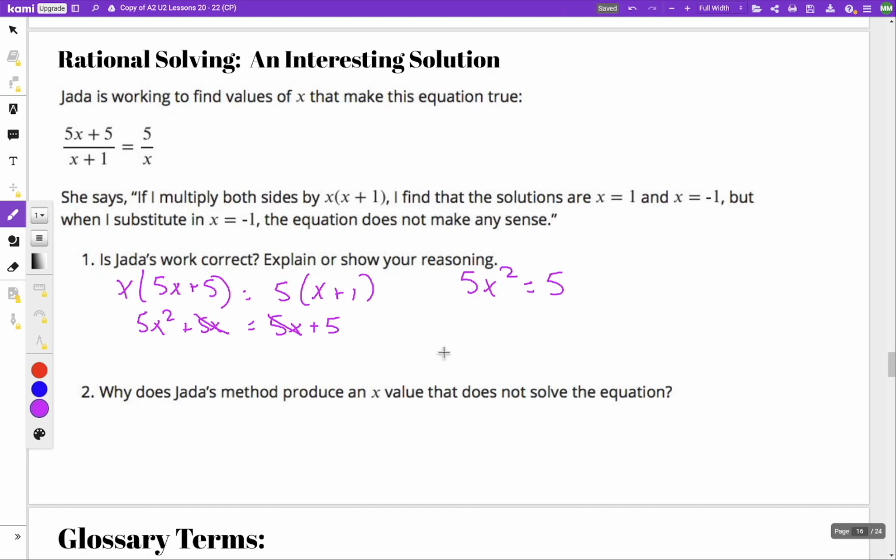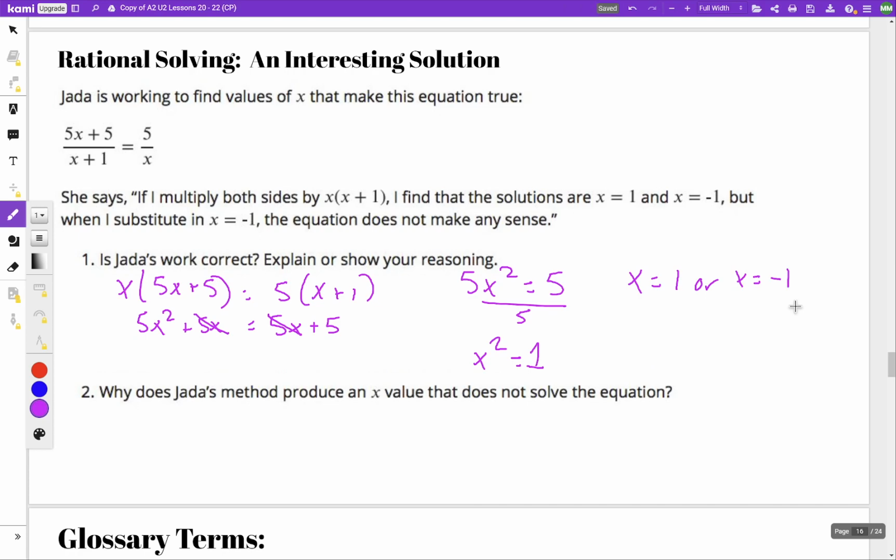Now, lovely for us, we don't have to factor that. We don't have to use the quadratic formula unless you want to, but it would be hard to do here. Instead, we divide by 5, and I get x squared equals 1. Well, what times what equals 1? x equals 1 or x equals negative 1. So Jada is correct.